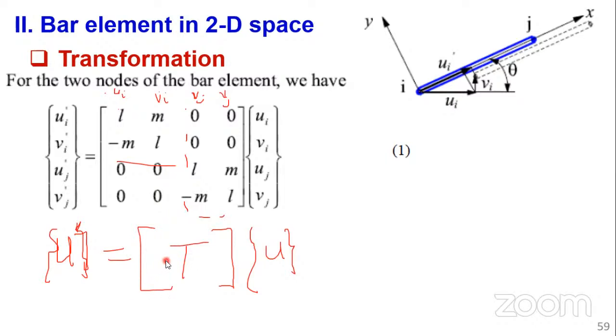And all quantities in the local coordinate system, whether you're talking of force, boundary condition, whatever quantity, if it's force, small f, in the local coordinate system, this can be transformed using this transformation matrix to global coordinate system. So this is how we move from local coordinate system to global coordinate system using transformation matrix.